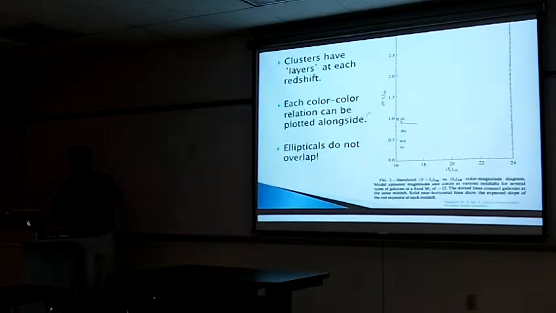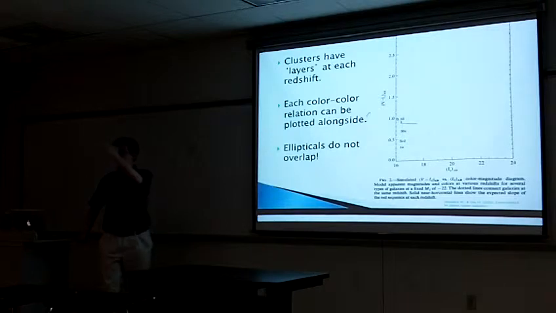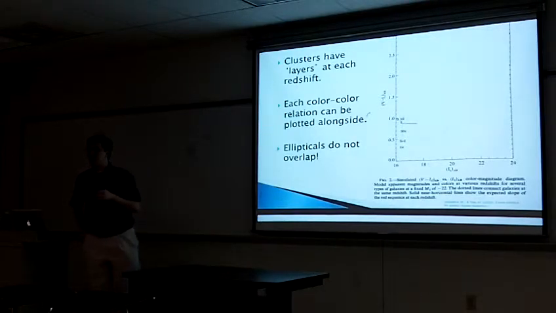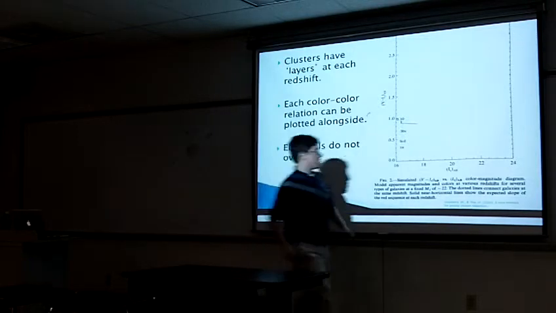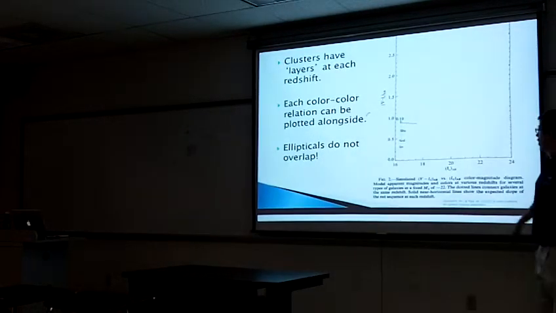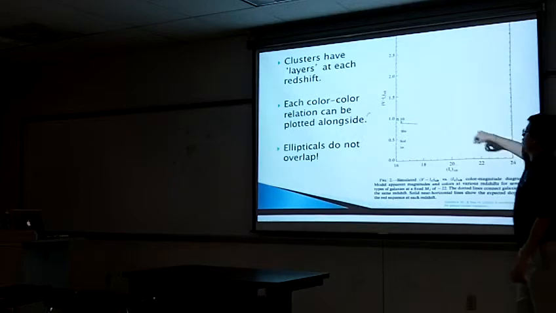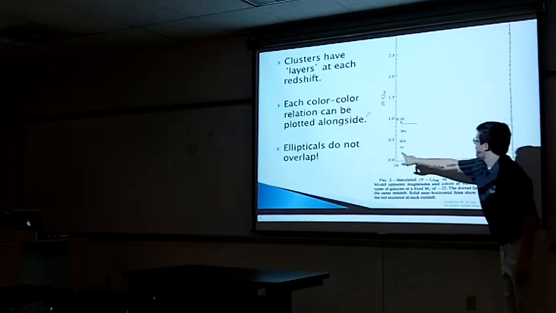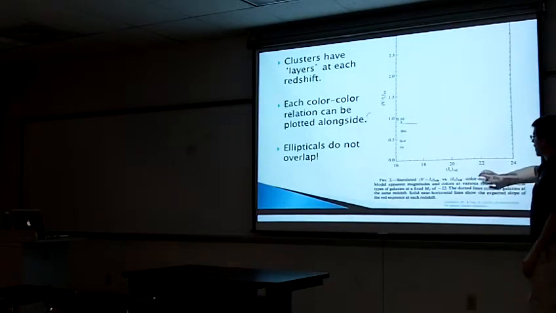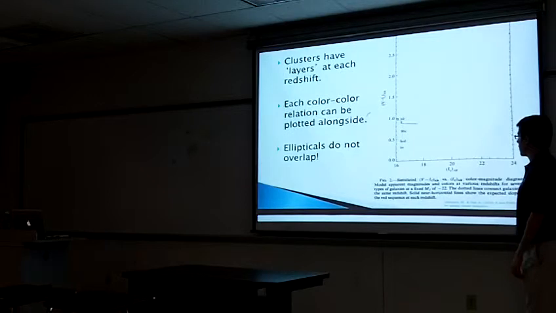Now, a lot of this is whited out, but I'll unfurl it as I explain what's going on, because there is a lot on it. Now, let me walk over here. So, what we have is a color diagram with visible minus near infrared colors subtracted as our y-axis, and then we just have I-band for our x-axis.